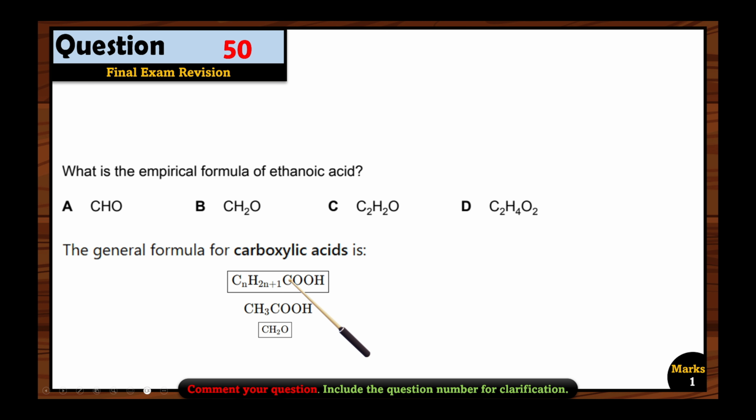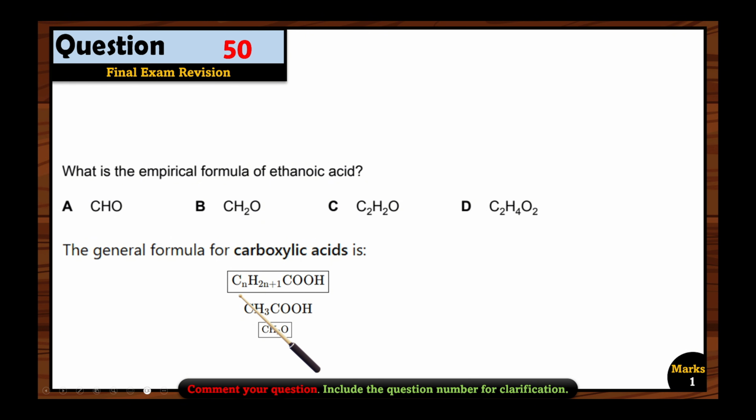It is CnH2n+1 COOH. So 1 carbon we already have here, since ethanoic has only 2 carbons. So we have to write 1 here, because you cannot write 2 here. If you write 2, then we will have a total of 3 carbons. That's the trick in carboxylic acids. Always, if they ask you ethanoic acid or anything like that, you have to write 1 less. Okay, it is 2 carbons.